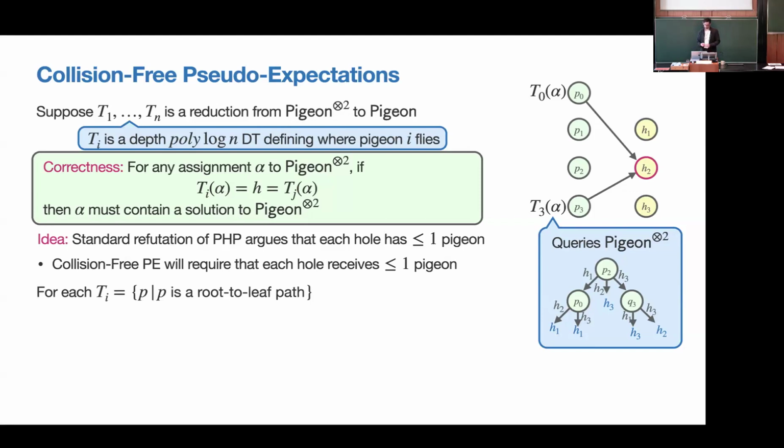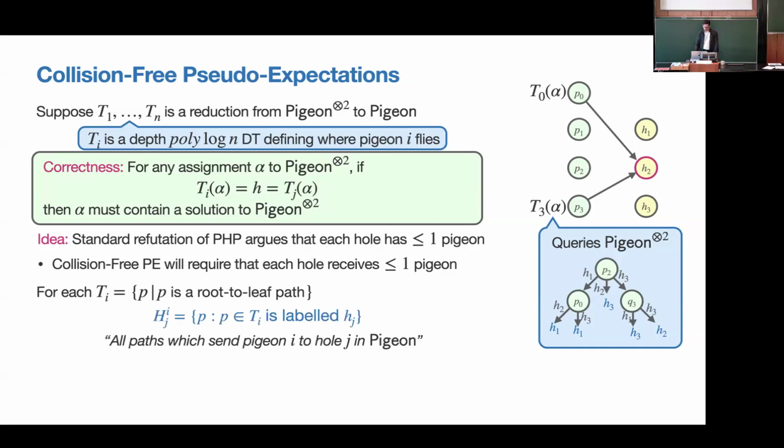Okay, so we have this reduction from pigeon squared to pigeon. We're going to think about the decision trees in this reduction as a set of root to leaf paths, or equivalently a set of conjunctions. We're going to look at all conjunctions which map a pigeon to a particular hole. So in the decision tree for pigeon i, we look at all paths which send pigeon i to hole j.